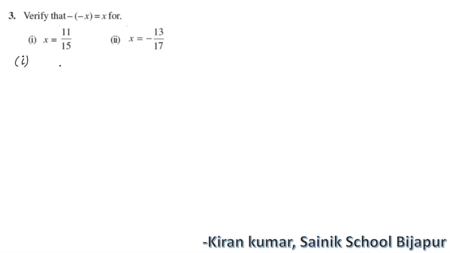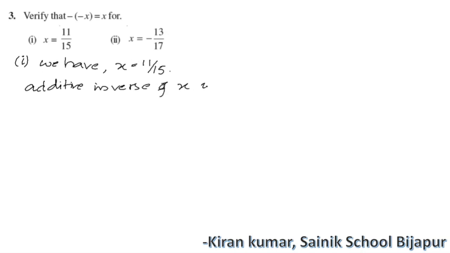In the first one, we have the value of x equal to 11 upon 15. The additive inverse of x is negative x, that is known to us because x added to negative x, we get it as 0.